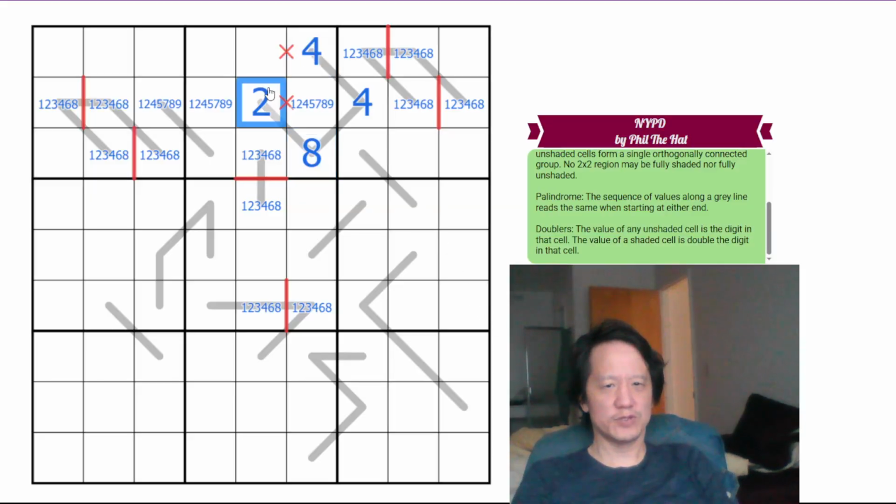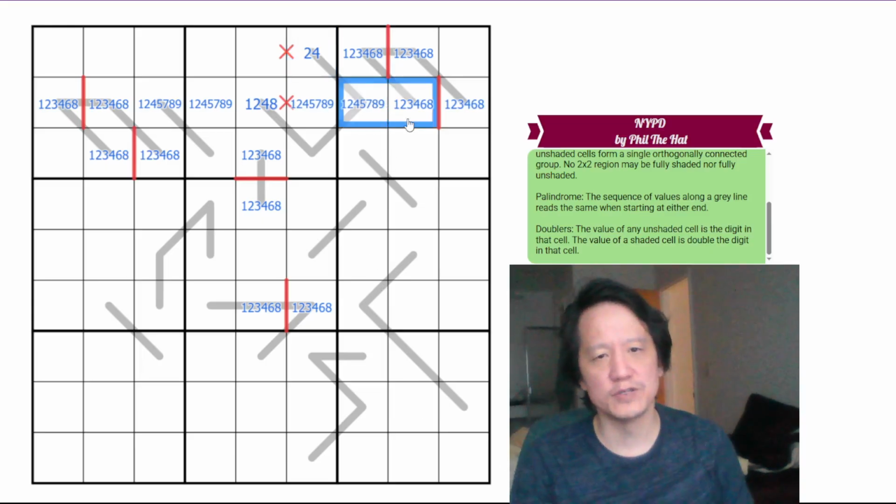This would be doubled. Oh, that's interesting. No, this would be doubled. And this would be doubled. So it's the same shading arrangement. It's just a matter of where it's going, right? And of course, this could be the similar one, right?